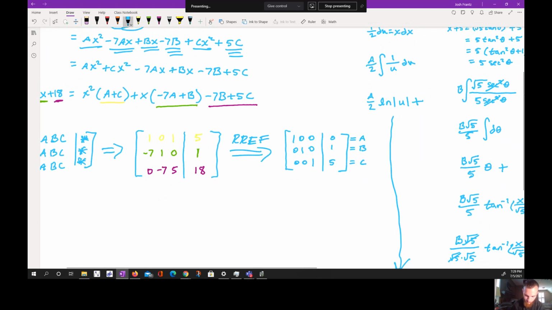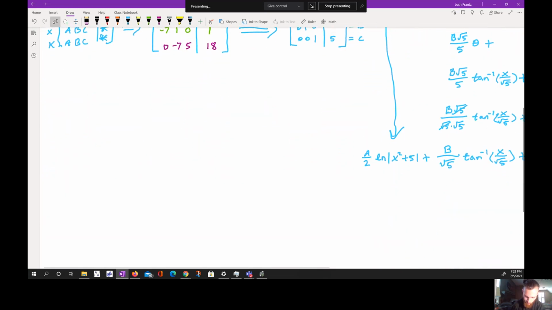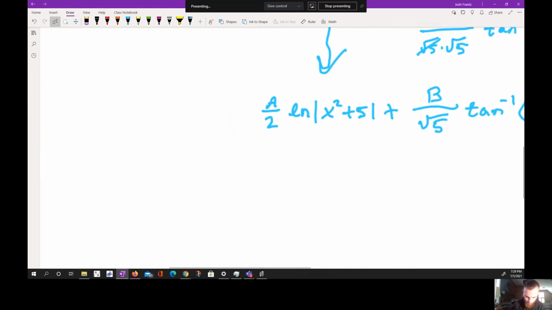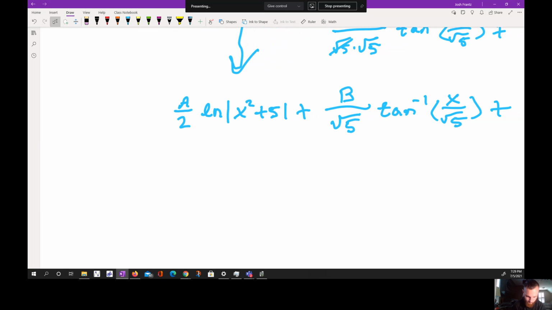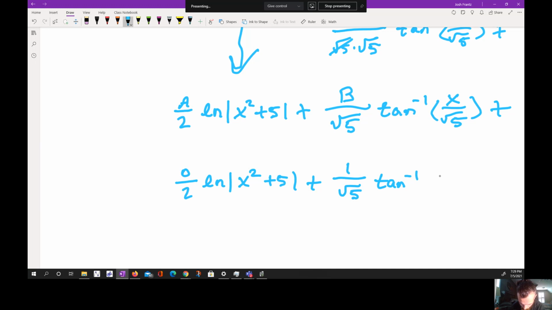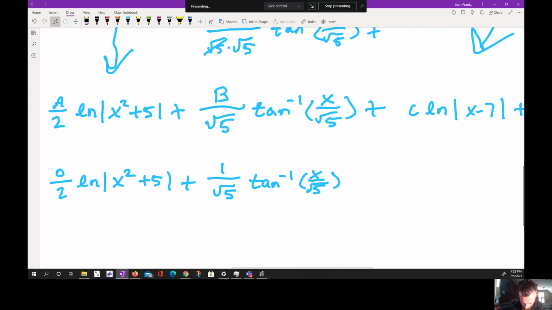All right. So now that we have values for our coefficients, we can just go ahead and replace our A, B, and C placeholders with their respective values. So we said A is equal to 0. Said B was equal to 1. And C is equal to 5.